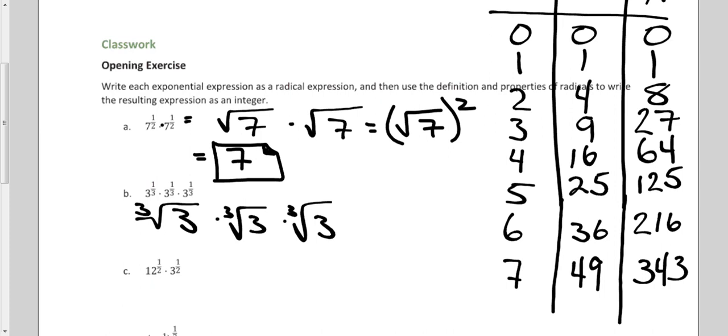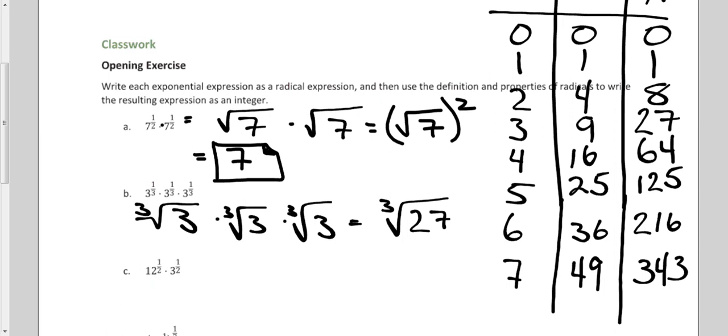I'm going to take the cube root of 3 times cube root of 3 times cube root of 3, which is the cube root of 27. You put a 9 there. Nope. 9. Because remember, this times this is the same as this to that.